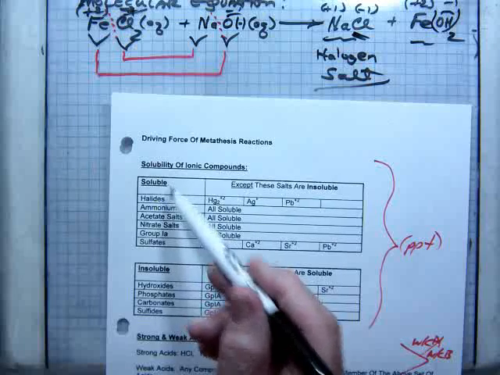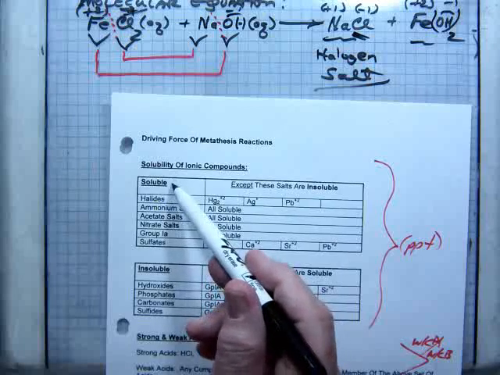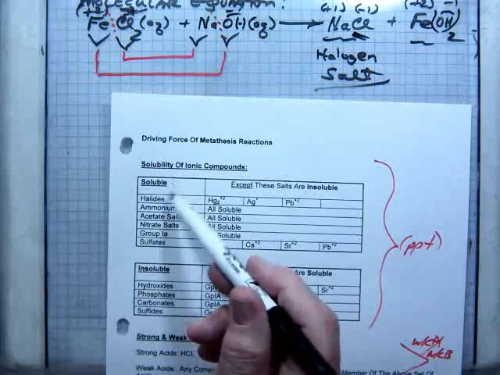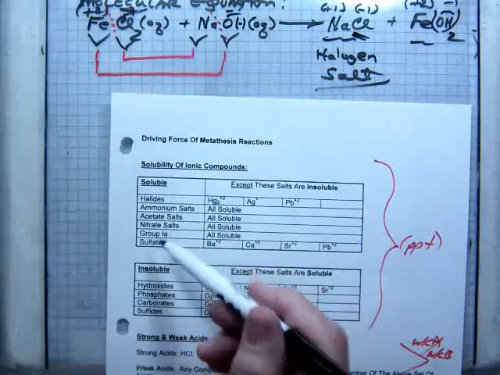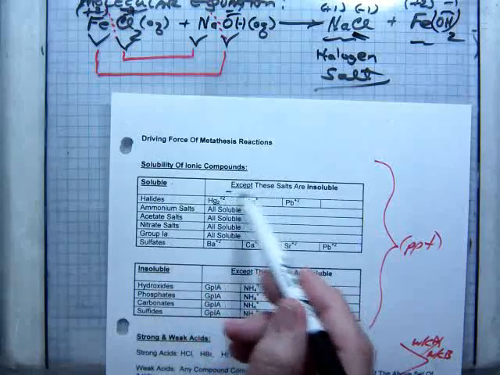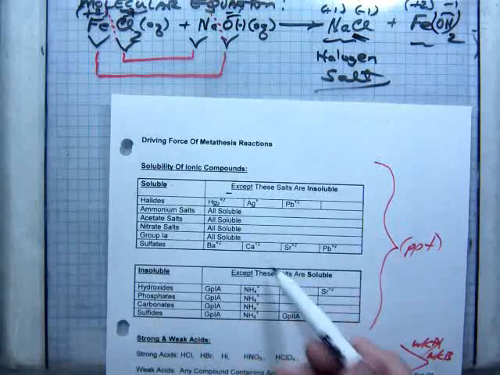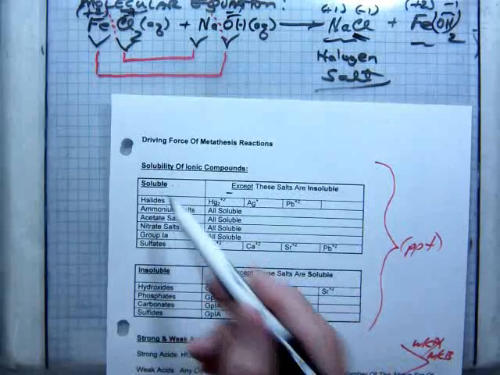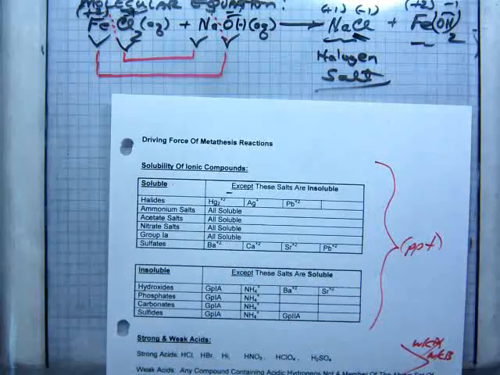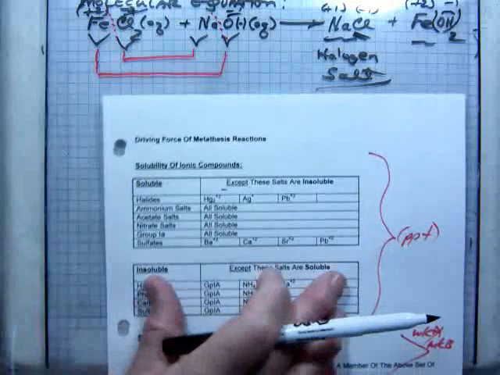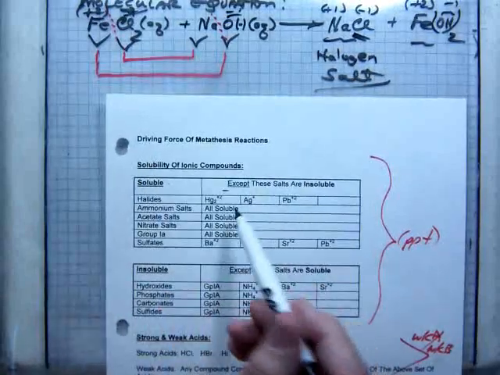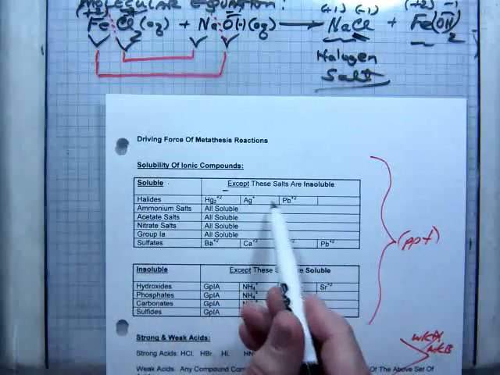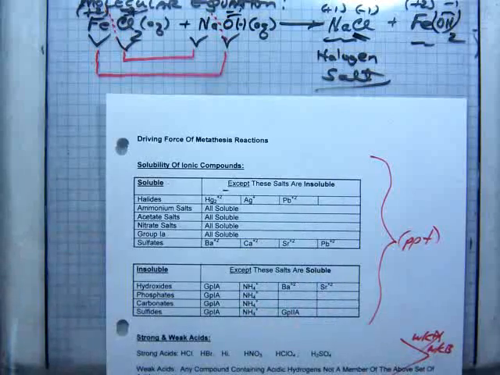And what this says, see at the top of the heading, it says soluble. That means everything in that column is soluble. And then it comes over to the right, exceptions. These are exceptions to solubility. Well, what's an exception to solubility? That means it's insoluble and yes, will be a driving force. Halides have to be mercury, silver, or lead halides, one of these 3 in order to be a driving force, a precipitant.